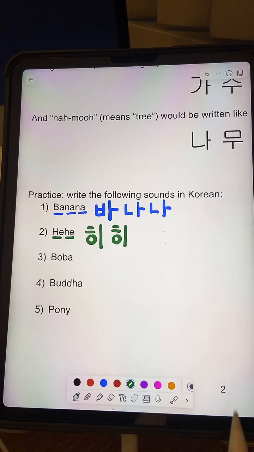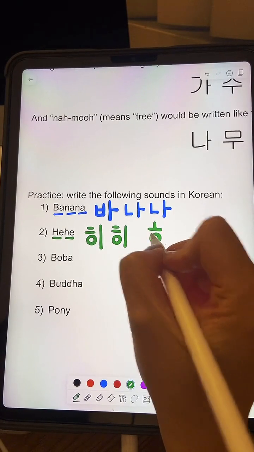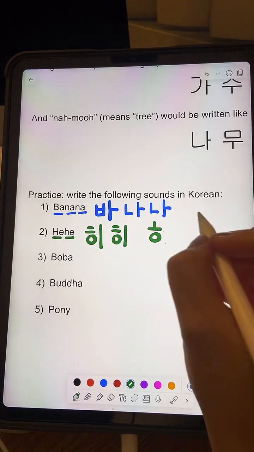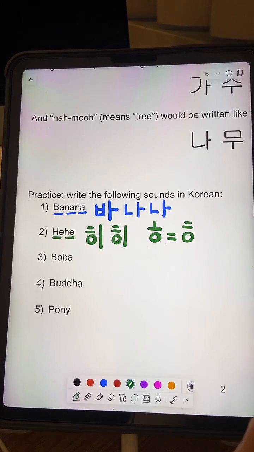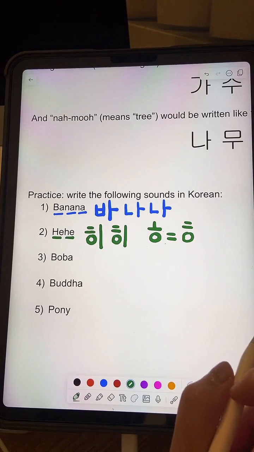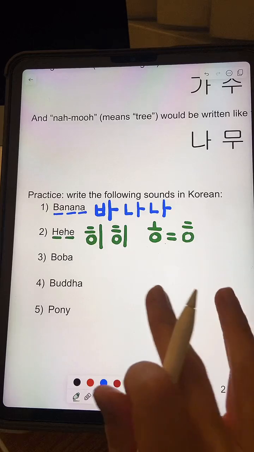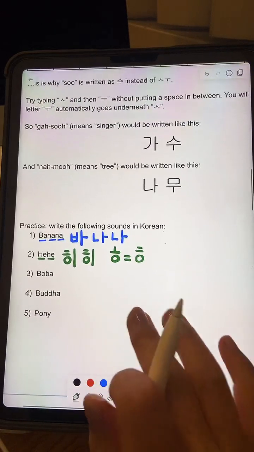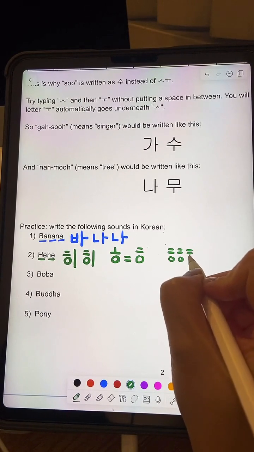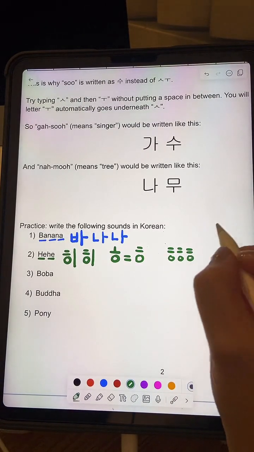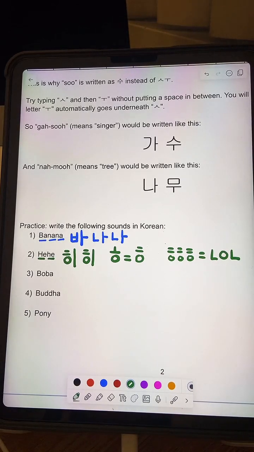Some people write the H sound here like this. It's the same. Here is the same as this shape here. Okay? So don't get confused. And if you're chatting in Korean and you just type that repeatedly, what does that mean? It's like LOL, right? It's like laughing.